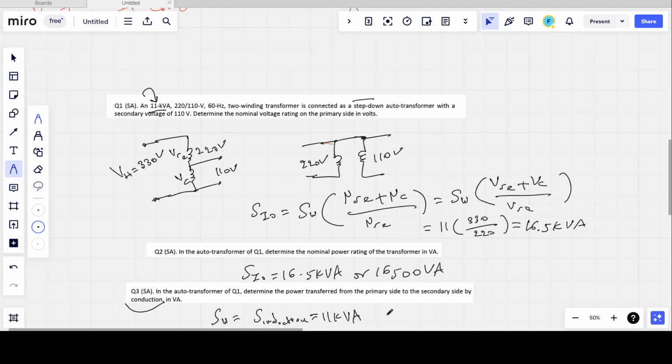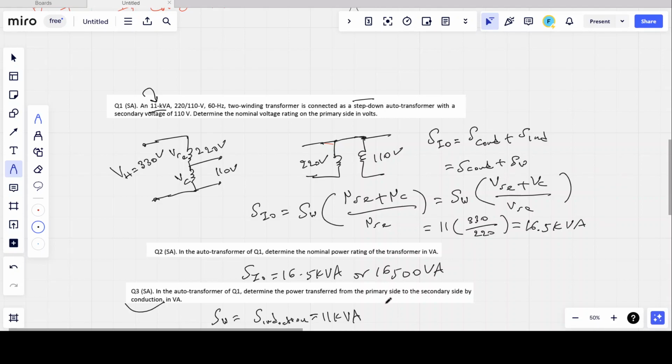In an autotransformer, the power is transferred in two ways, so S input output is the same as the power transferred by conduction plus the power transferred by induction. The power transferred by conduction we do not know, and the power transferred by induction is what we call SW.